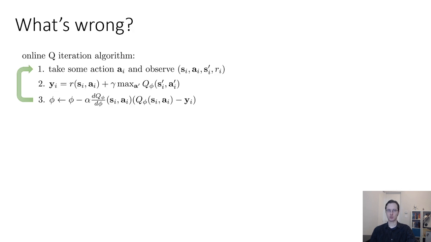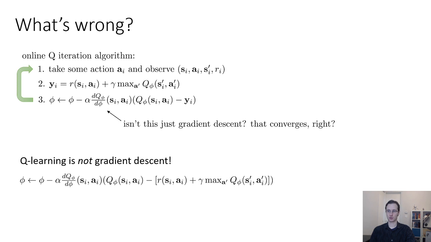Alright, so what are some things that are problematic about this general procedure? We learned about a few things last time. For instance, we learned that the update in step 3, even though it looks like a gradient update, it looks like it's applying the chain rule, it's not actually the gradient of any well-defined objective. So Q-learning is not gradient descent.